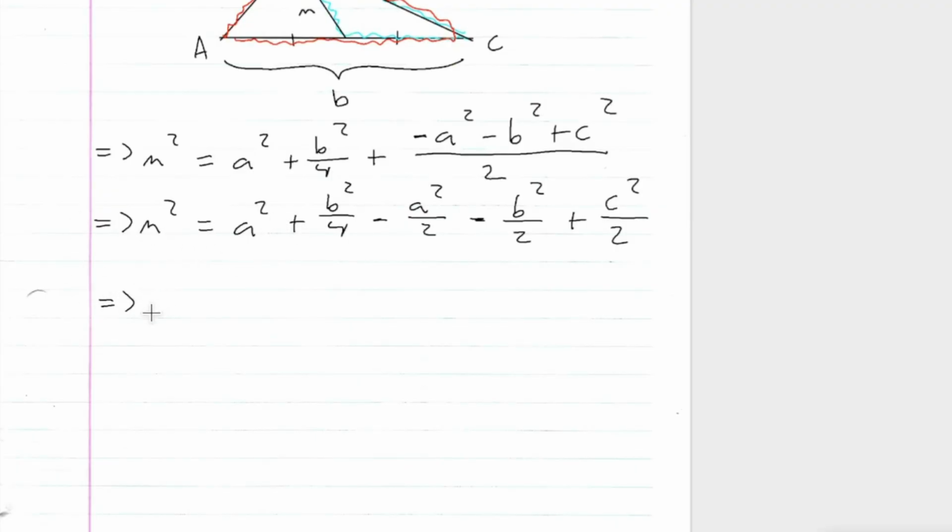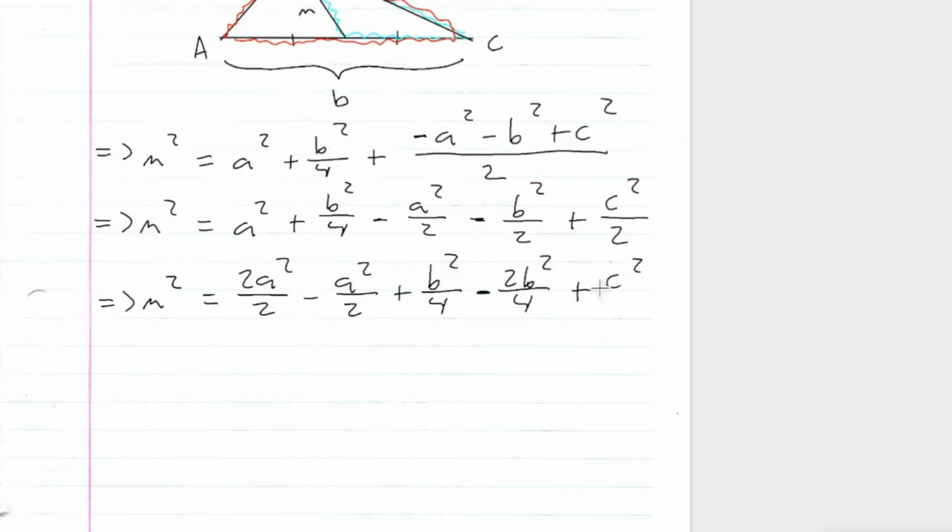What this gives me is I have to get a common denominator here. So m squared is equal to 2a squared over 2 minus a squared over 2, and then a common denominator here would be plus b squared over 4 minus 2b squared over 4, and then plus c squared over 2.